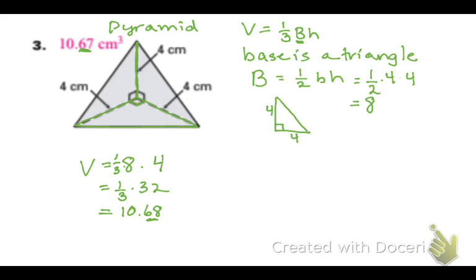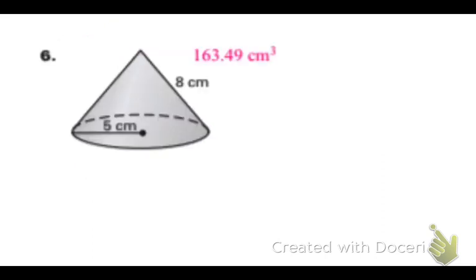So last but not least, what do we have here? So here we have a cone. So we're going to be using the formula for the volume of a cone, which is equal to 1/3 pi r squared h.